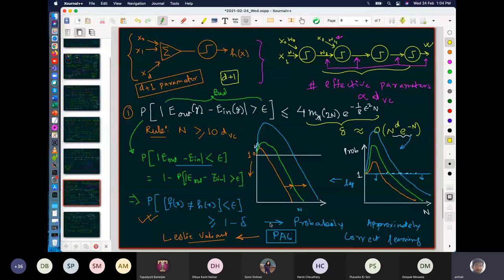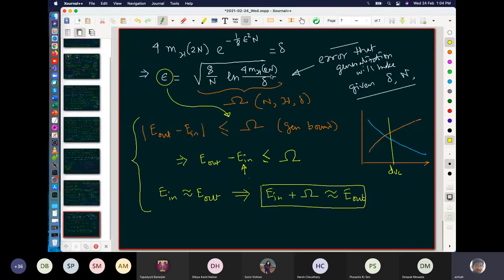And as we have said, it's called PAC learning because when your m_H(n) is polynomial, that means, see, what happens if your m_H(n), or the number of samples, is reasonably low, which means that you could train it in polynomial time. This also implies that in polynomial time, I could train the model.